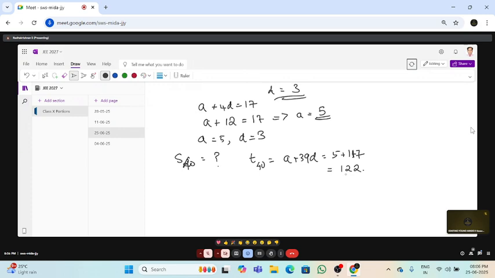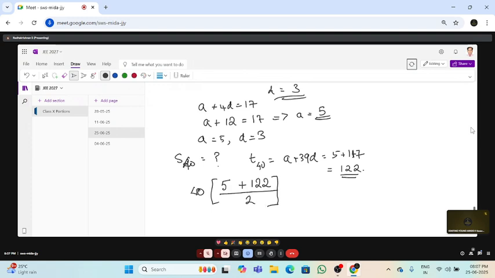So T40 is 122. So sum to 40 terms will be, there are 40 terms, n is 40 into first term plus 40th term whole divided by 2. That is average value.